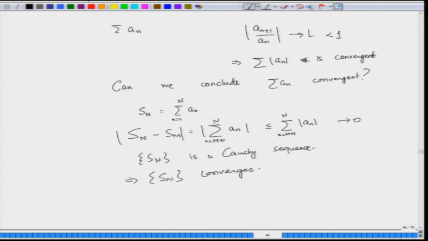This suggests that we define something called absolute convergence.